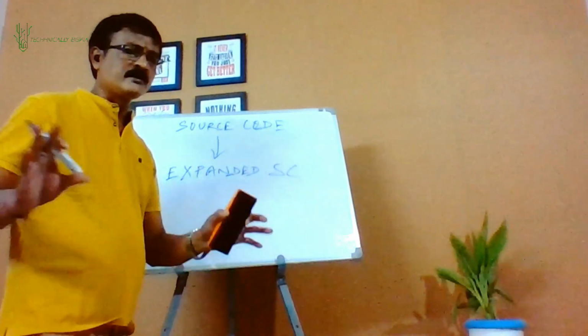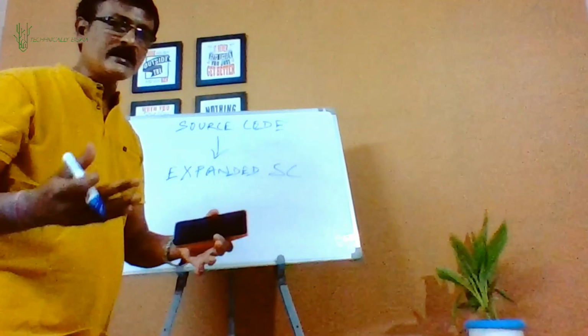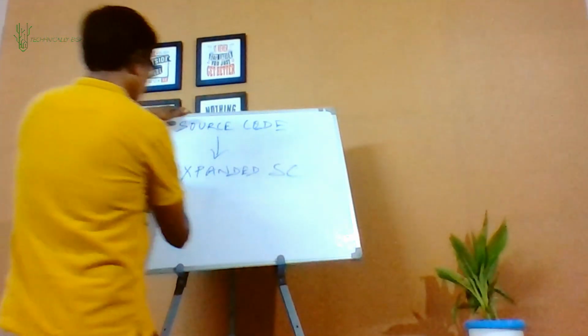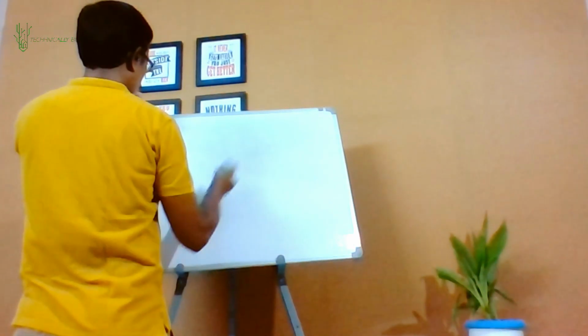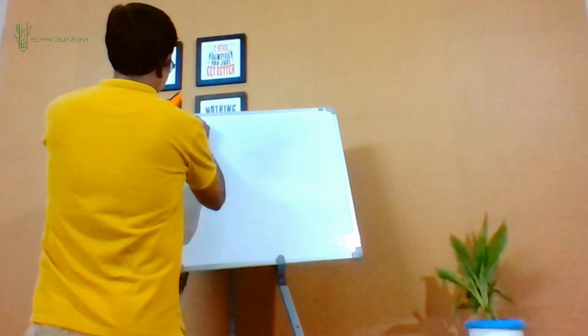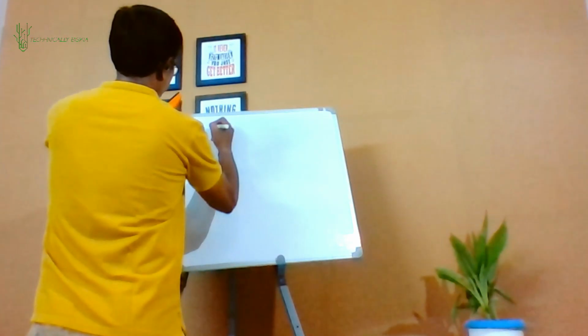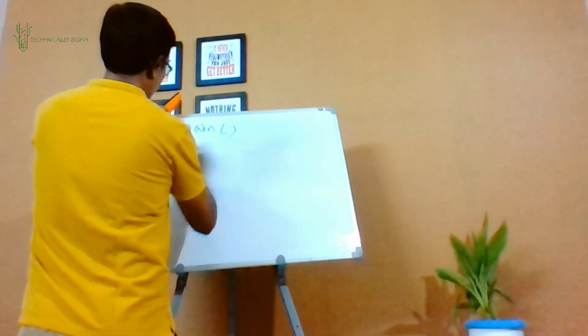I'll give you a very simple example. After that, I'll go deep into it. What happens here is, I have got a program. For example, this is a program where I have got a main function. It's a C program.